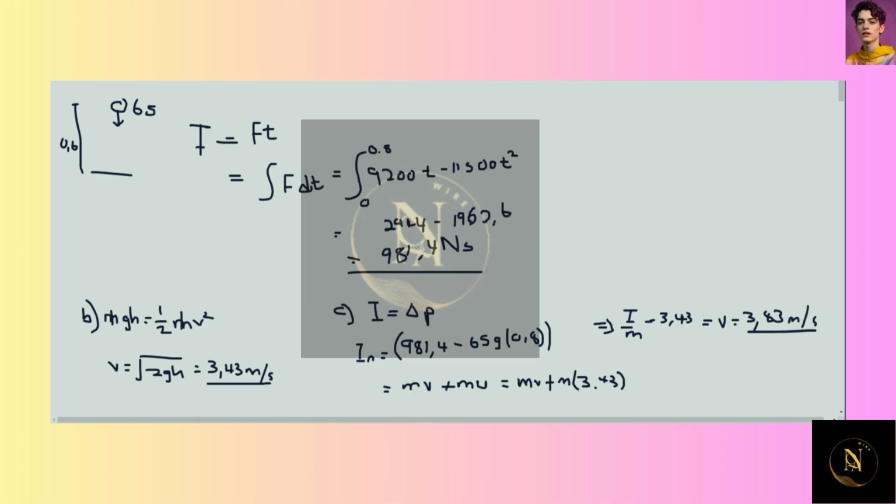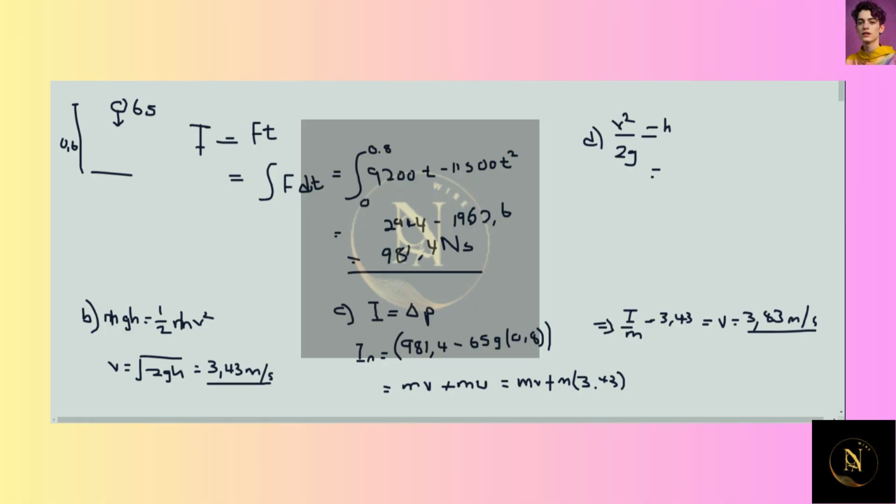And then the last part is, what height does she get to after moving with this velocity? We can use the same equation that I used in part B, but now I'm just reversing it. For part D, since I know that v is equal to the square root of 2gh, I can say v squared over 2g should give me my height, because I just square both sides and then divide by 2g.